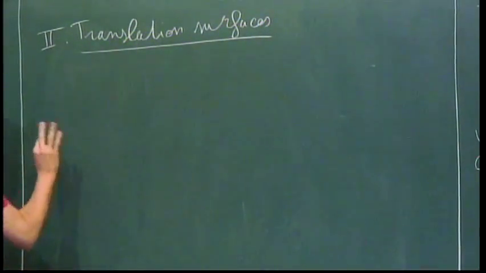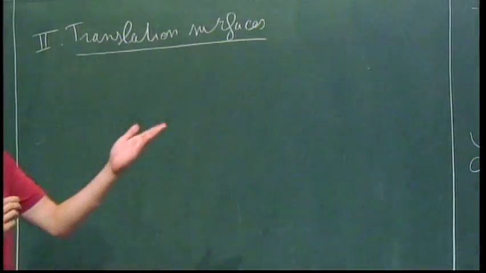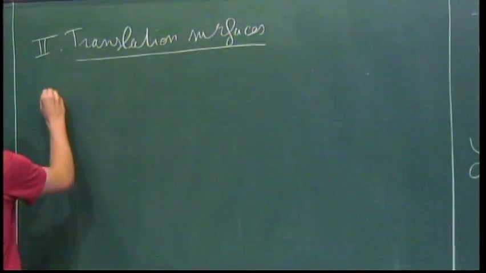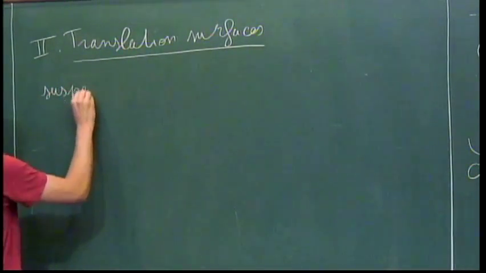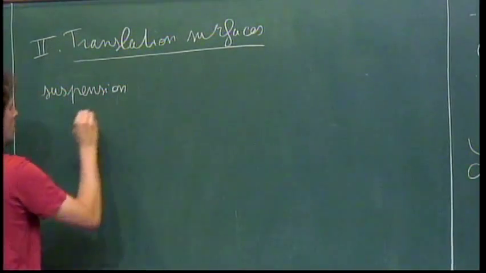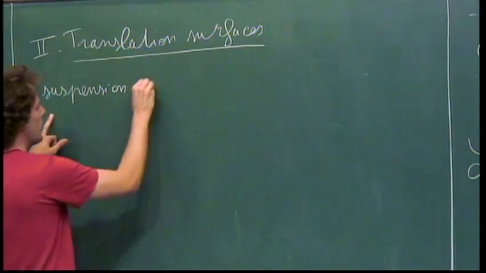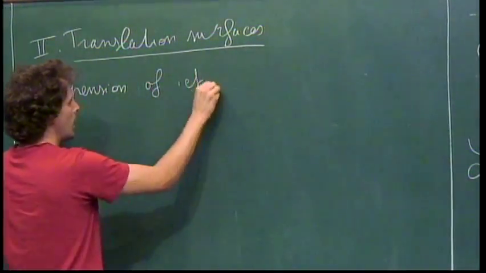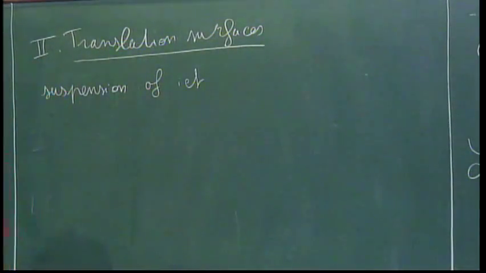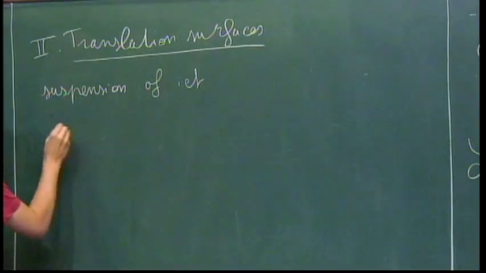So a translation surface is nothing more than a suspension of an IET. This is how we should think of it: suspension of an IET. Formally, what it is, you pick a collection of triangles or polygons.